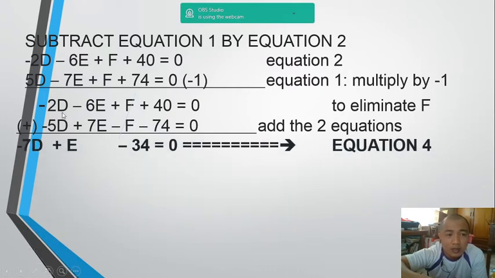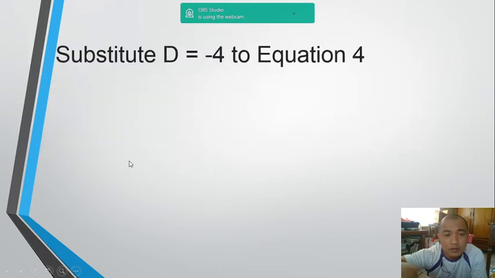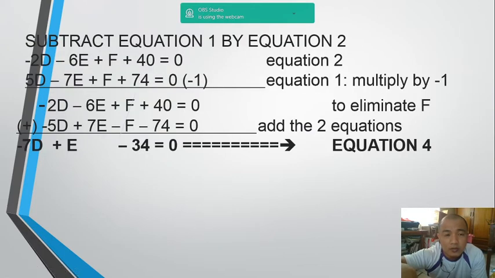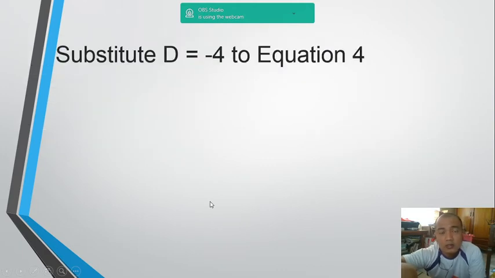We have -2D plus -5D, -7E plus E, and 40 minus 74 is -34. As you can see, this is our equation 4: -7D plus E minus 34 equals 0. From equation 4, we can now solve for E, because we already have D, right? So, substitute D equals -4 to equation 4.